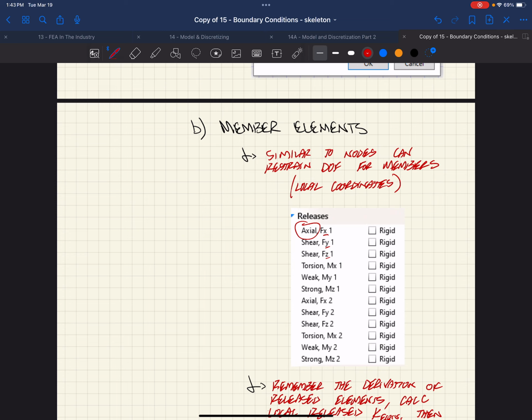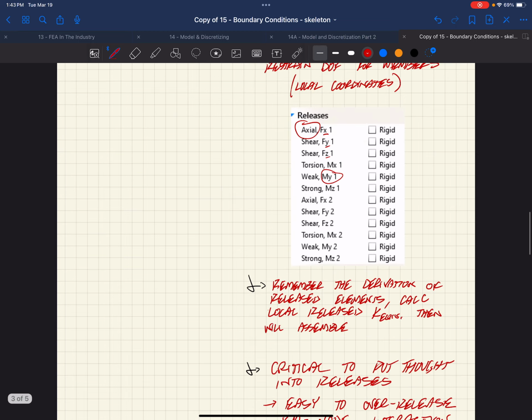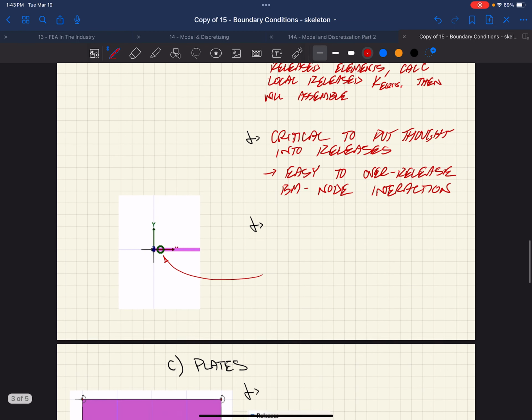So member end 1 might be connected to node 1. Well, node 1, maybe you have pinned, right? And then all of a sudden you go and you release, say, the weak axis moment. Well, it's already released, right? Based on the fact that you didn't fix the node that this member was connected to, right? And so you kind of have to consider the interaction between these member end releases and the nodes themselves, right?